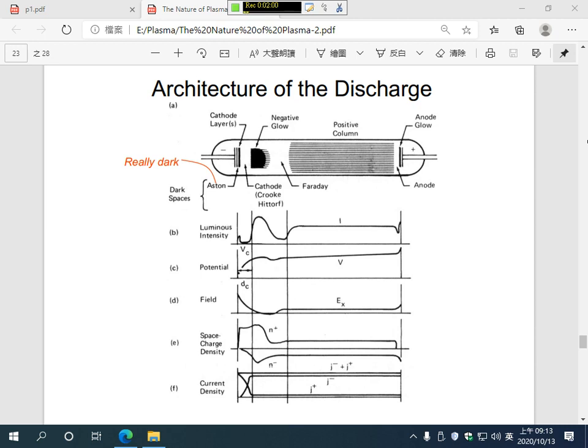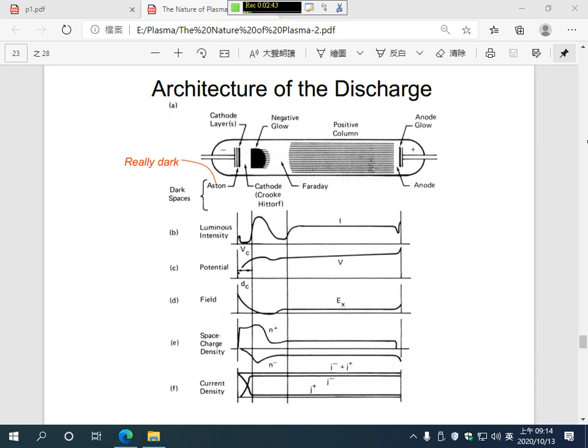The potential distribution in a DC plasma system is very important, because we apply a negative bias on the cathode, and the anode is grounded. Before we generate plasma, the potential distribution should be linear, so that the electrical field is constant across this distance.